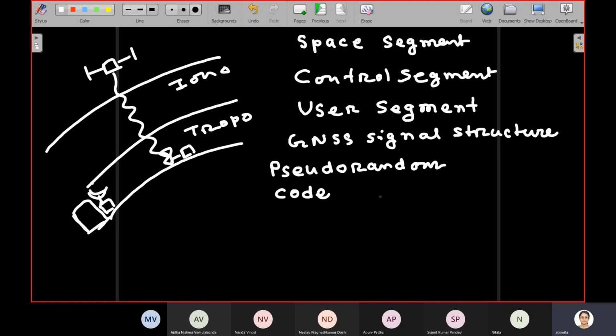So it's basically a series of pulses. It need not be always 1010 or plus minus 1 like that. It can have multiple zeros and ones and then again 1.